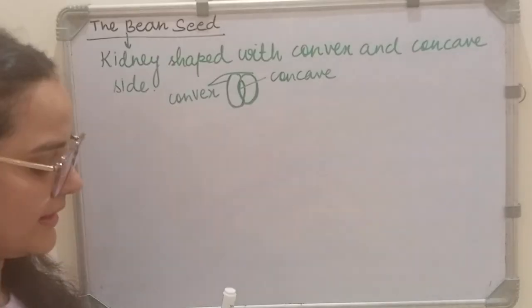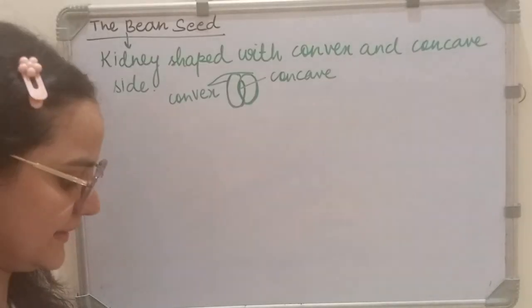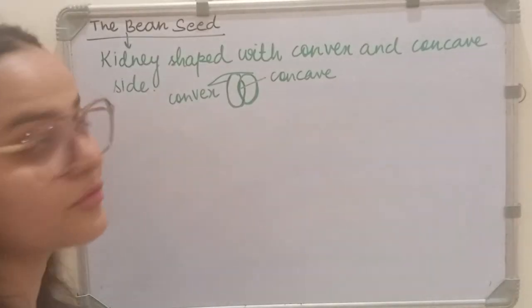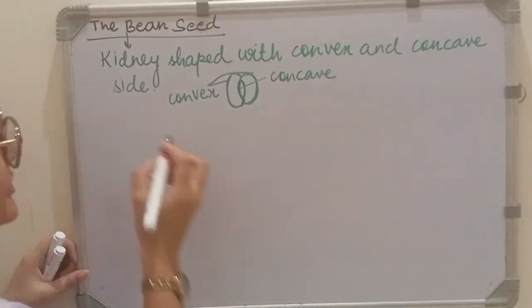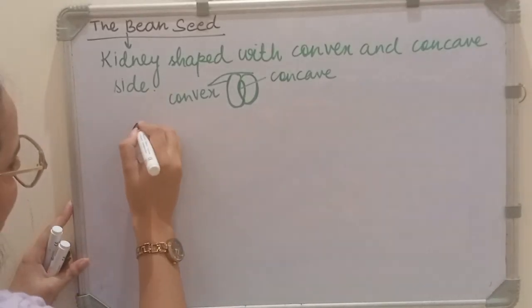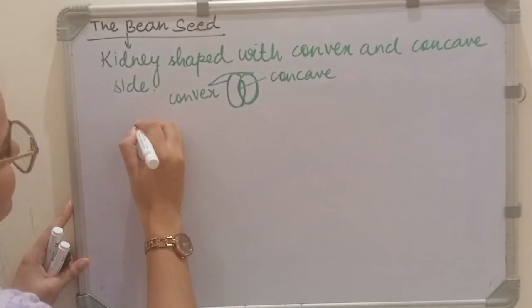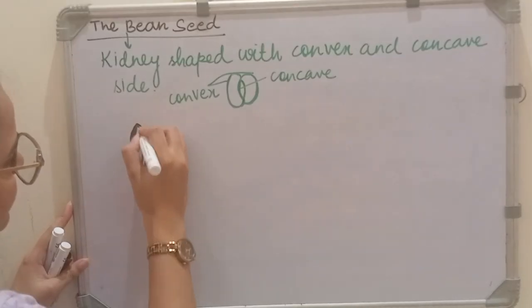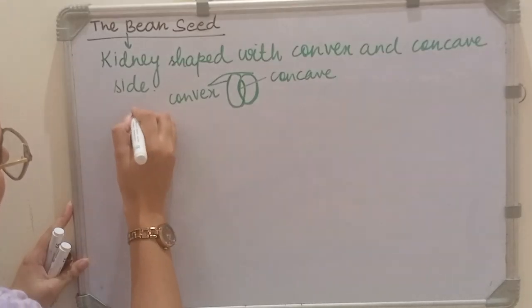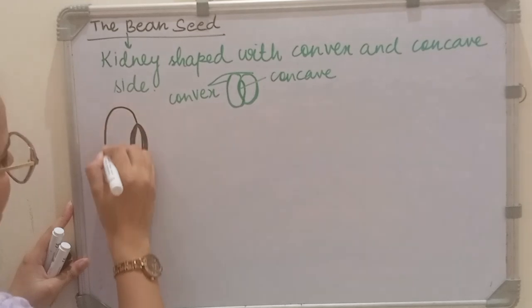Okay, now let's draw the structure of bean seed. You know rajma, this is how the rajma looks. Rajma is also a bean seed. Then like this.